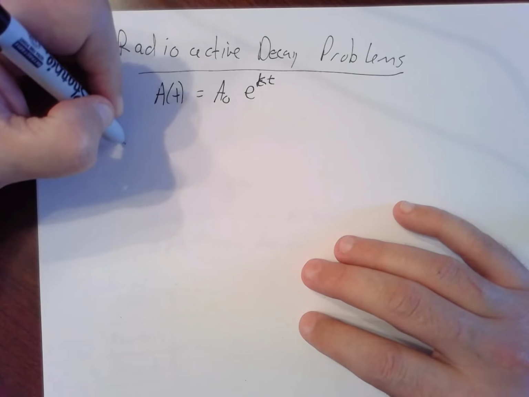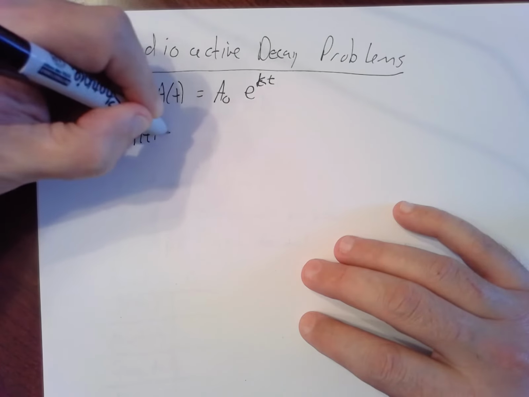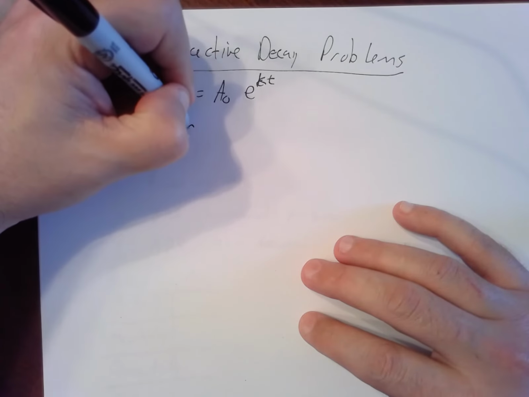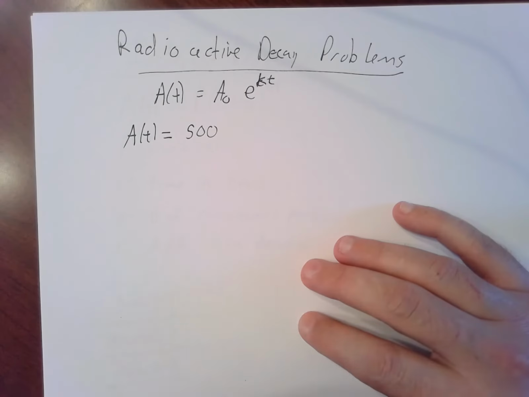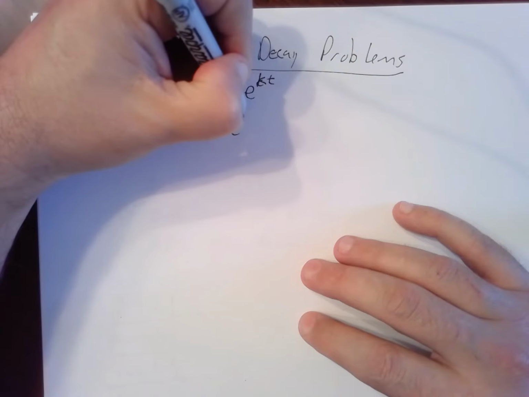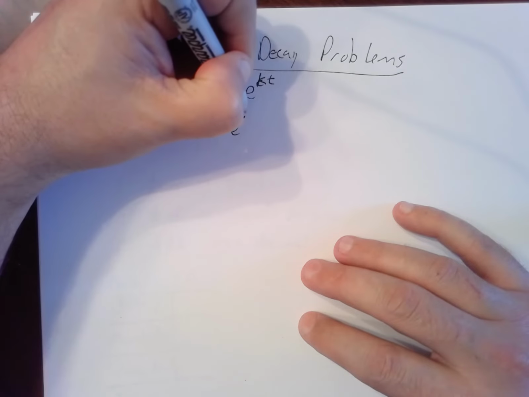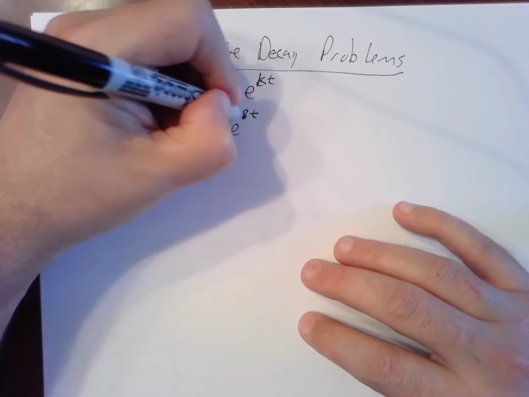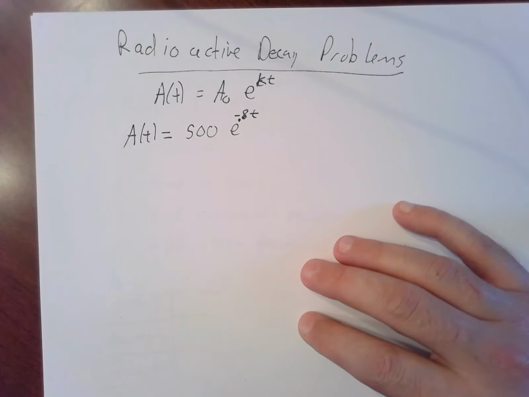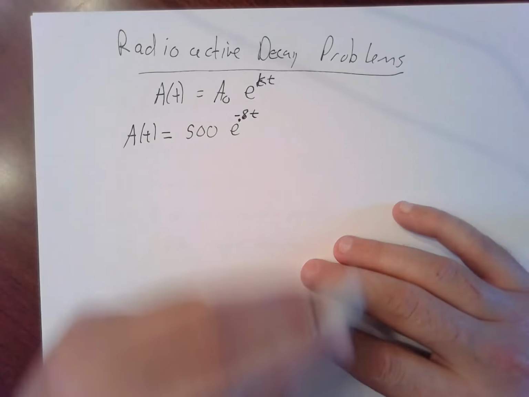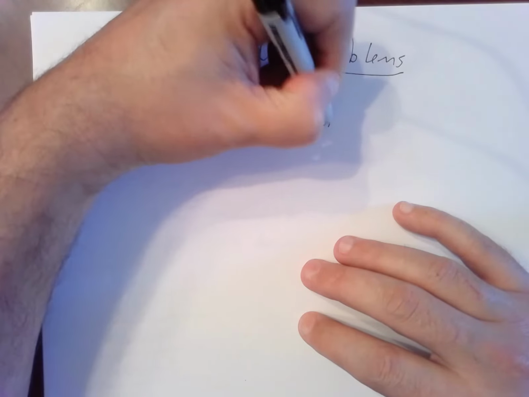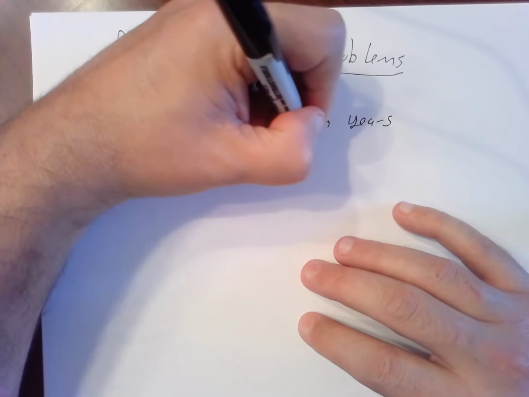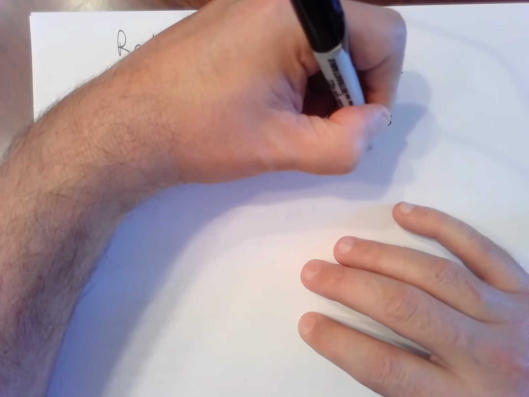So say we have some material and we start with 500 milligrams of it, and say it follows A equals 500 e to the negative 0.8t, where let's say t is in years and A is in milligrams.